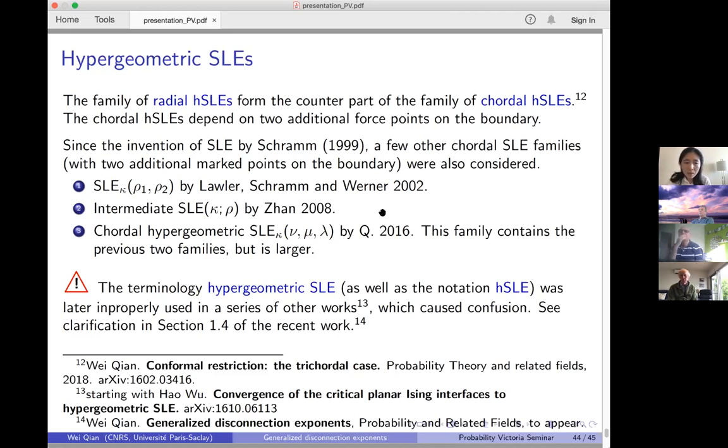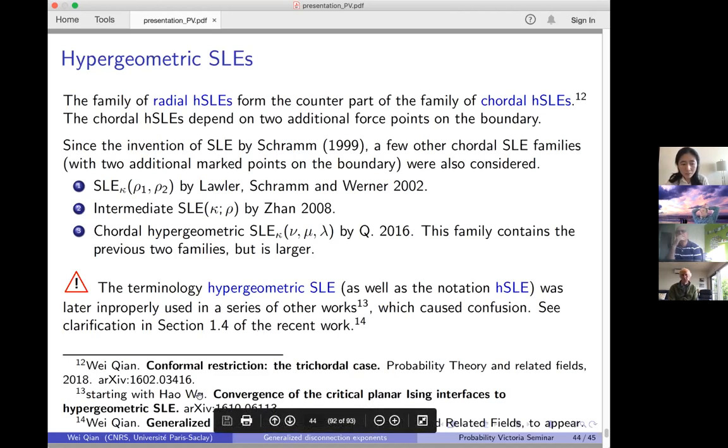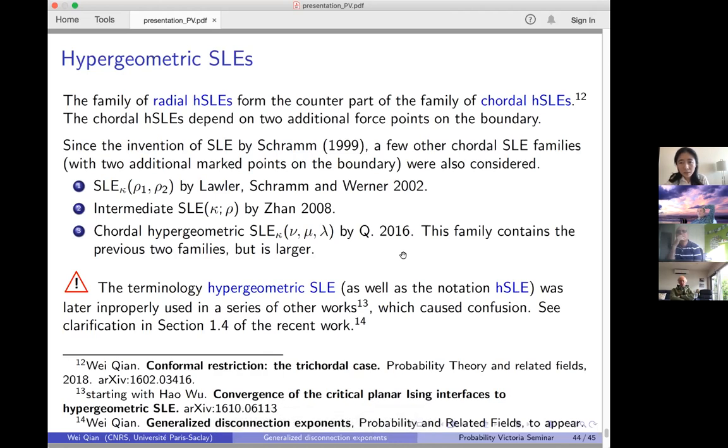Later, this terminology, as well as the notation HSLE, was improperly used in a series of other works, starting from the first work of Hao Wu. But in fact, the SLEs that she considered are exactly the same as the intermediate SLE by Zhan.